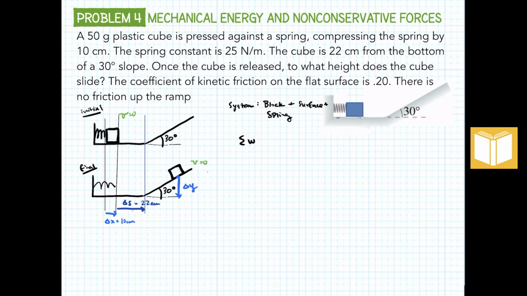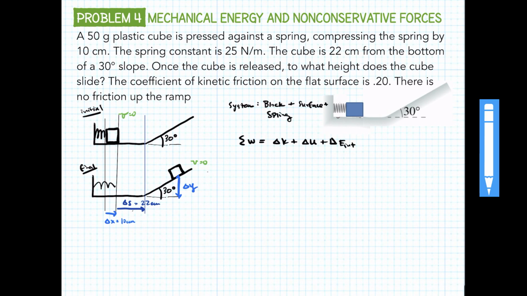So when we sum up all of our works, change in kinetic energy plus change in potential energy plus change in internal energy, we know first off this is going to be 0. Our change in kinetic energy is actually 0 because at the beginning and at the end we have a velocity of 0. At some point in the middle this thing has a speed, but we're not talking about that point, so that's going to be 0.